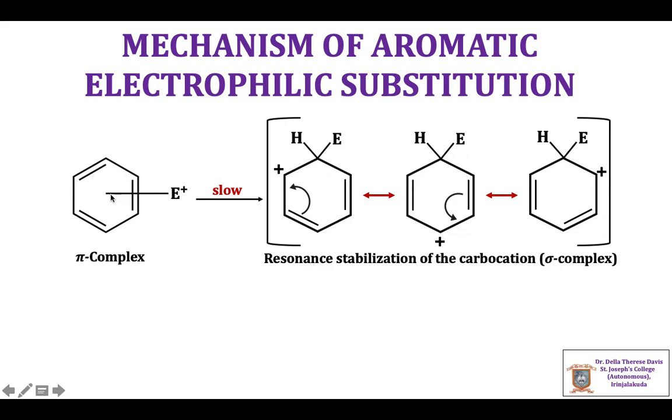The E+ takes the electron pair from this double bond so that this carbon becomes positive. In the next step, this bond will shift to these two carbons, and we will get a positive charge at carbon number 4. The next step, the bond will shift from carbon 2 and 3 to 3 and 4, and the positive charge is at carbon number 2.